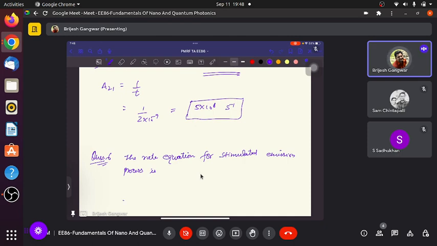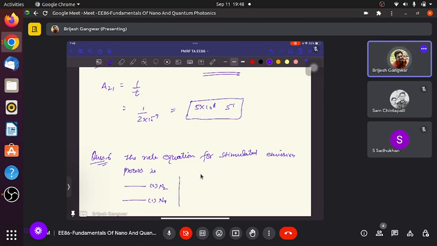So let's consider this is state 1 and this is state 2, where n1 and n2 are the carrier concentrations in the ground and excited state respectively.